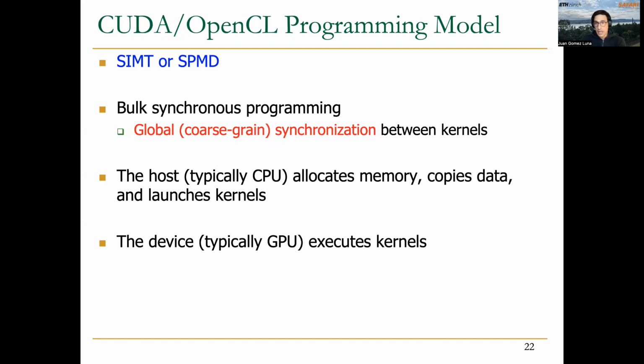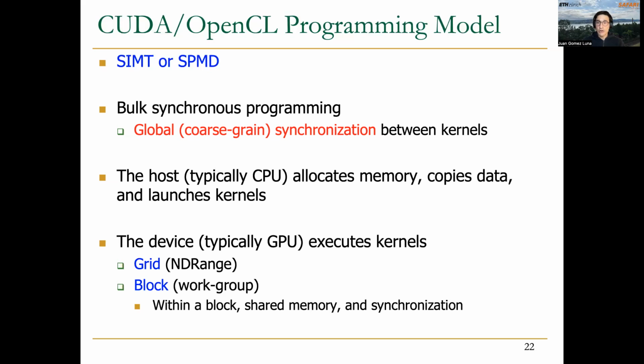How does the kernel execute? So how does the GPU execute the kernels? Well, the GPU runs threads, but all of these threads for a single kernel are grouped into something called the grid, that in OpenCL is called ND range. And then inside the grid, we have multiple thread blocks, or simply blocks in CUDA terminology, workgroups in OpenCL terminology.